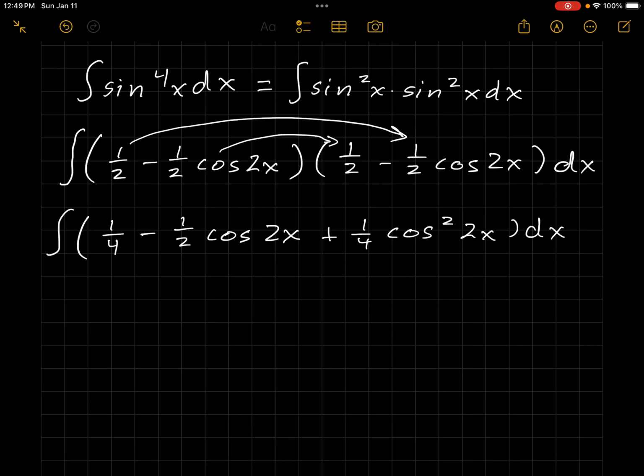Well, now I have another problem here. Before I find its antiderivative, I would need to rewrite that one.